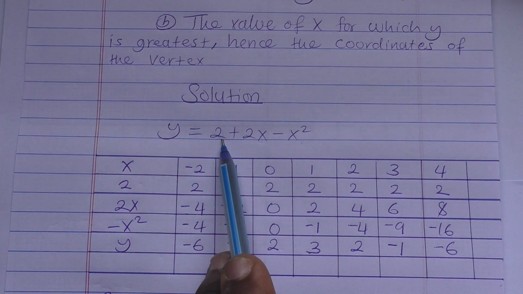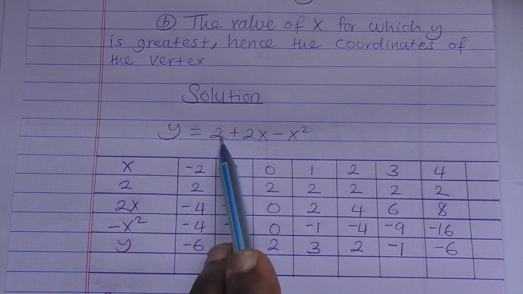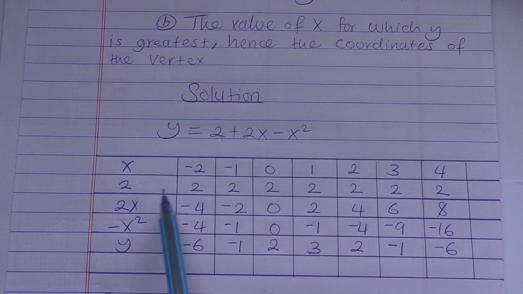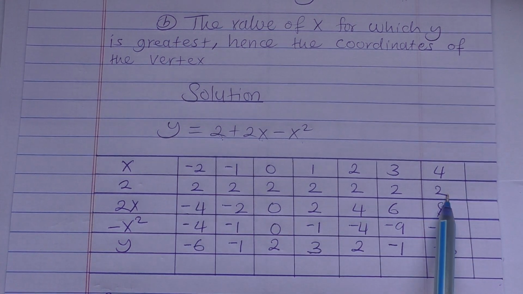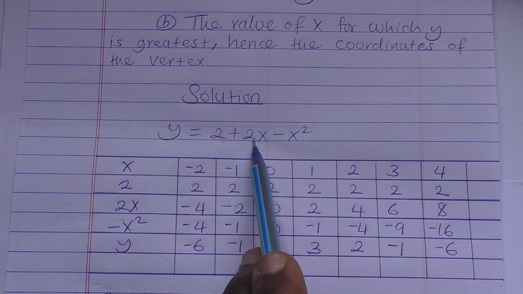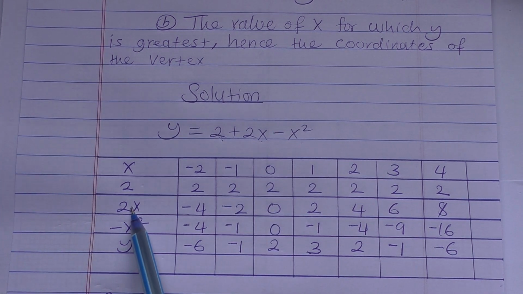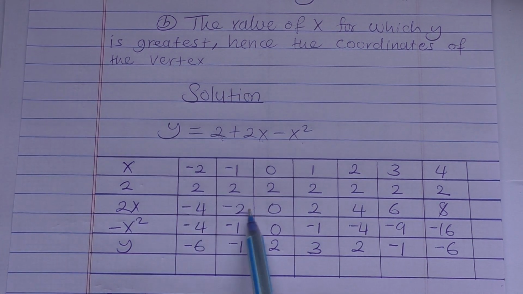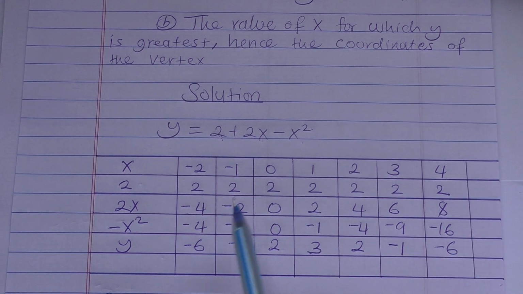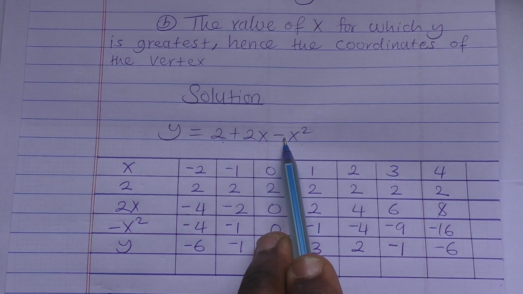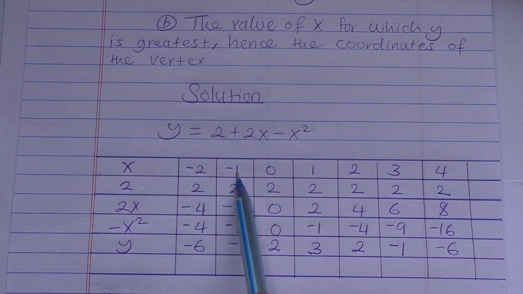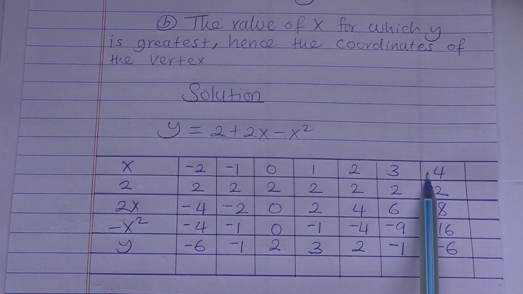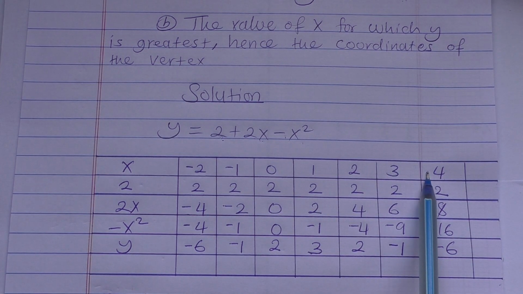Remember, our range was from -2 to +4. So we shall bring in our first term, which is 2, but this 2 is a constant, so we keep it constant everywhere. Then we bring in the second term, which is 2x. So we shall multiply the values of x by 2 to get 2x. Then we shall also bring in the third term, which is -x squared, meaning we are squaring the values of x but taking the negative squares.